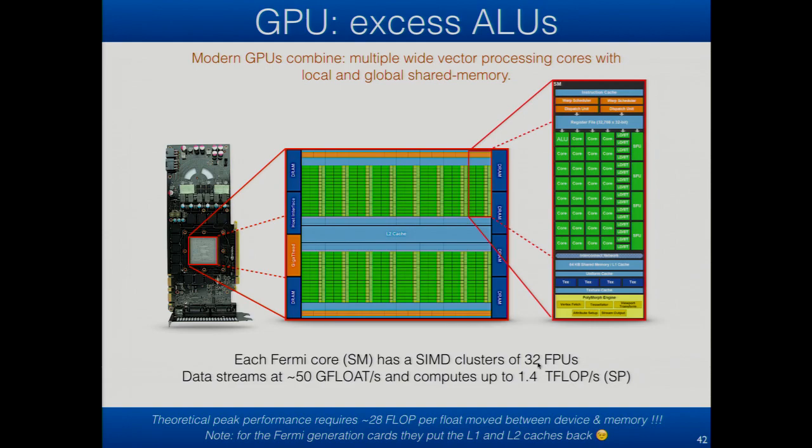So again, if you start dividing that bandwidth by the number of floating point units, you find out that in order to get peak performance of about 1.4 teraflops, you would have to be doing, I think I worked it out, about 28 flops every time you load or store a single floating point value. There are very few computational problems that have that kind of algebraic density. Okay. So yes?